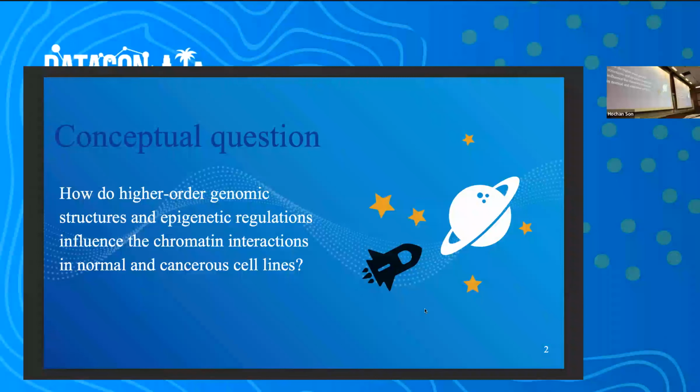One is higher order genomic structure, and the other is epigenetic regulation. The model was built with a classification accuracy of 80.90%. Now let me walk you through how I do it and how I get the answer to this question.